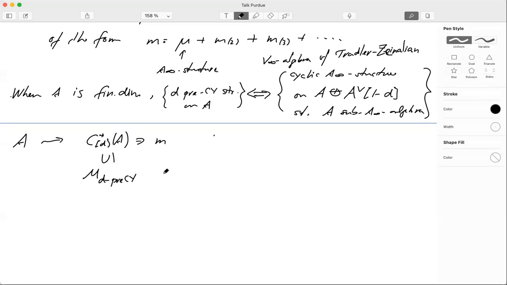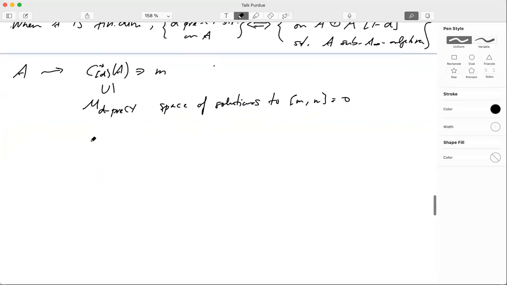This is the space of solutions to that equation, right? And inside of the space, I have an open subset, which is the space of solutions such that M2 is non-degenerate.